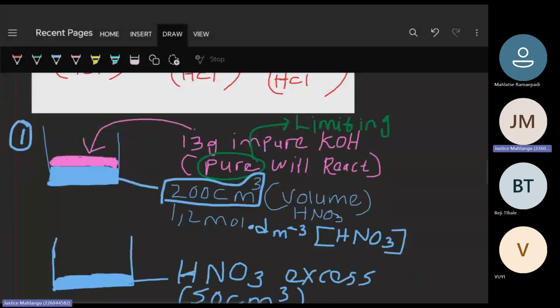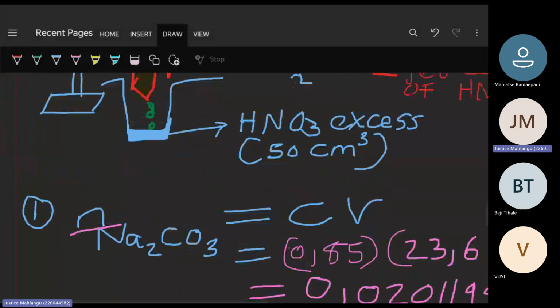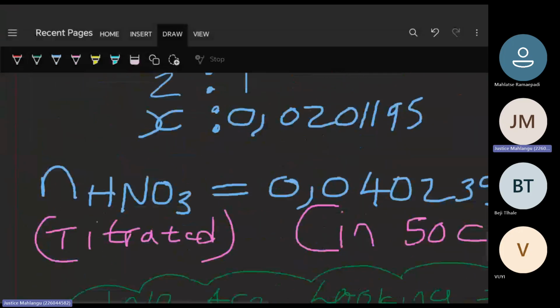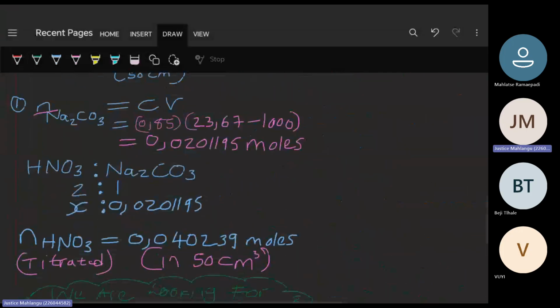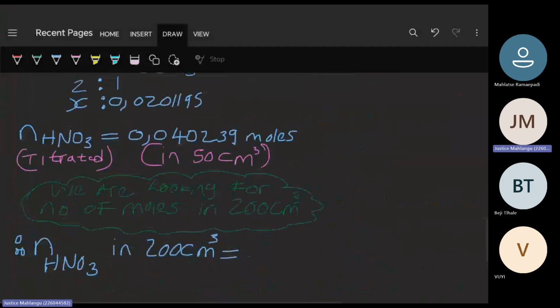To move back to the original beaker, now that I've got the number of moles in 50, I don't want the ones that are in 50, but the ones that are in 200.